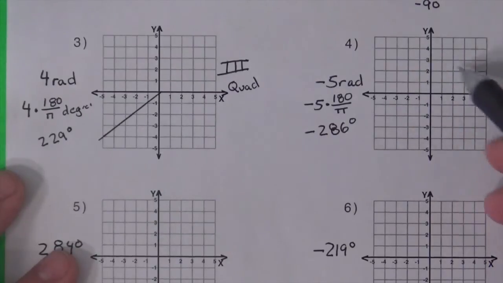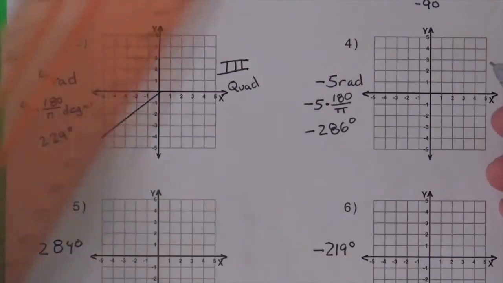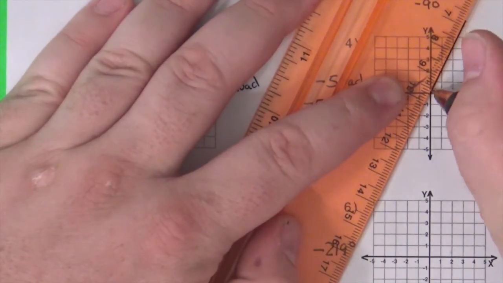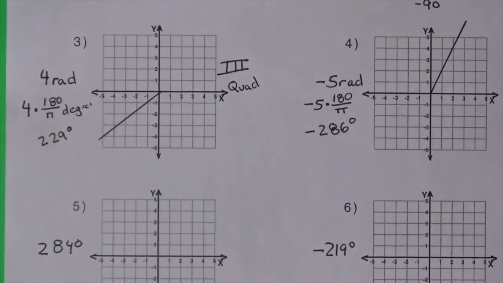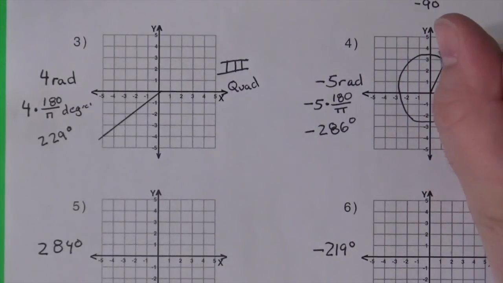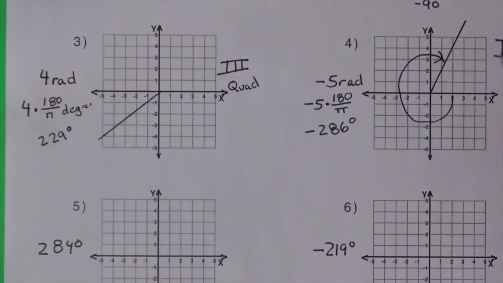So it's going to be somewhere in this quadrant, and I'll take another educated guess that my angle looks like this. We've gone from all the way around to this angle, which should give us negative 286. That means our terminal angle is in the 1st quadrant.